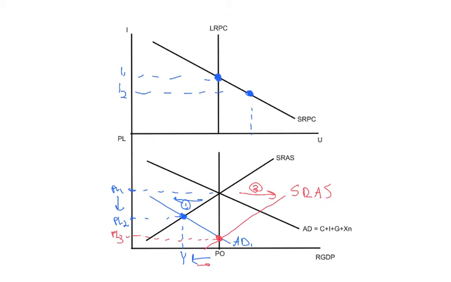How would that be shown here? A rightward shift of aggregate supply would be shown as a leftward shift of the short-run Phillips curve as expectations about future wages and prices adjust. So this would again bring us to that lower price level, but back to the natural rate of unemployment, which is the same as potential output in the graph below.